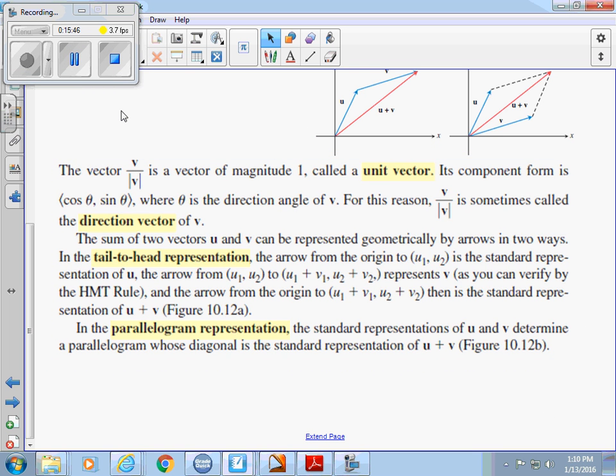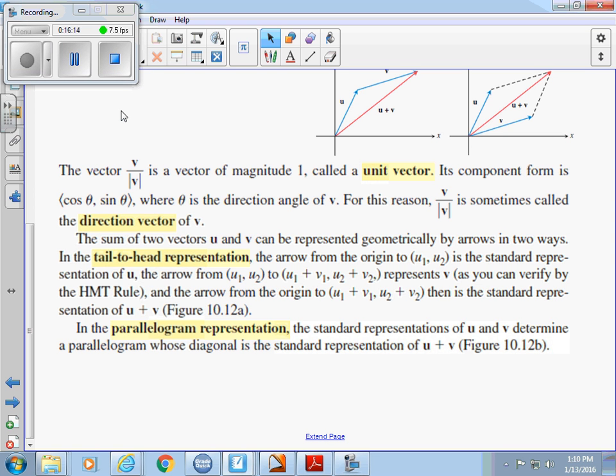Its component form is cosine of theta, sine of theta, where theta is the direction of v. For this reason, v over the length of v is sometimes called the direction vector. If you were to generate that vector all the way around the coordinate plane, you would generate a unit circle, wouldn't you? Isn't that what the unit circle is? It's a circle with radius 1. So if you were to do that, you would generate the unit circle.